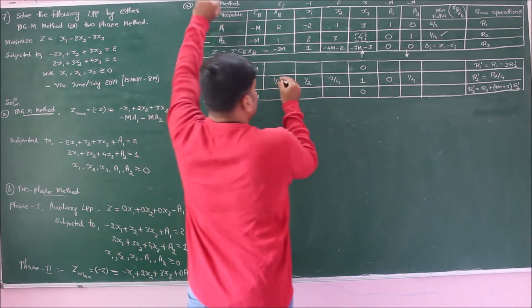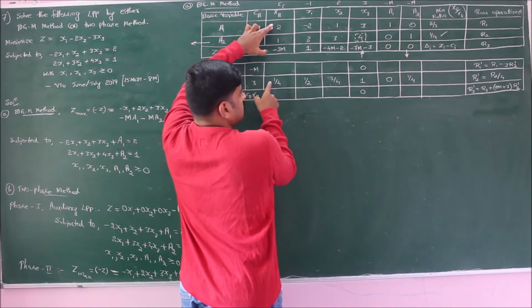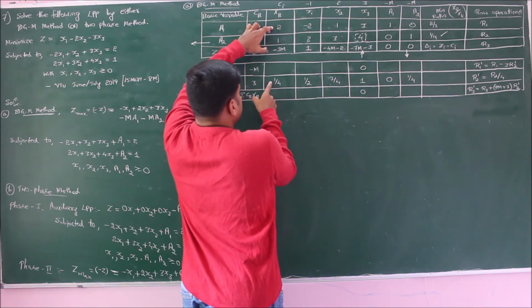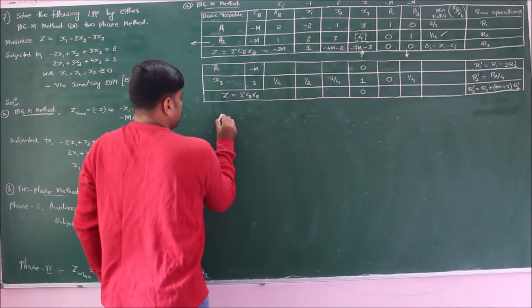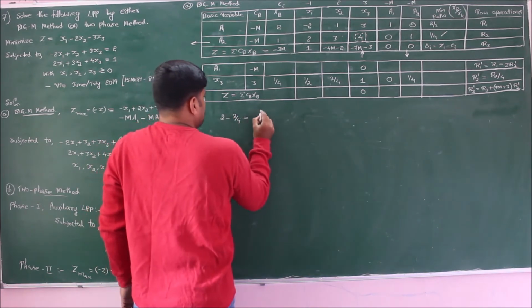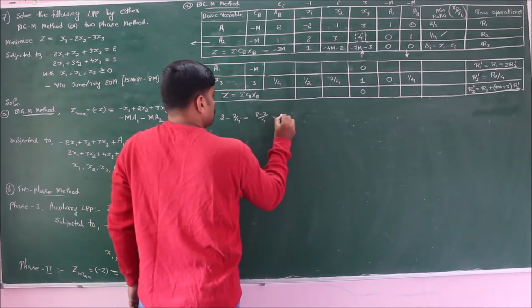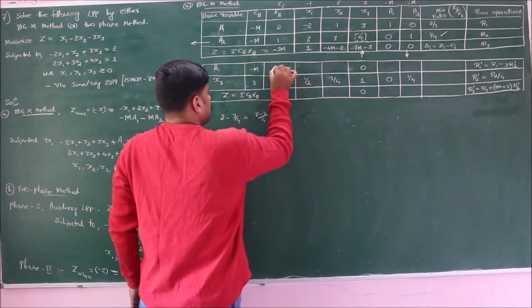Now if I perform the row operation, we have 2 minus 3 by 4, which is 5 by 4.